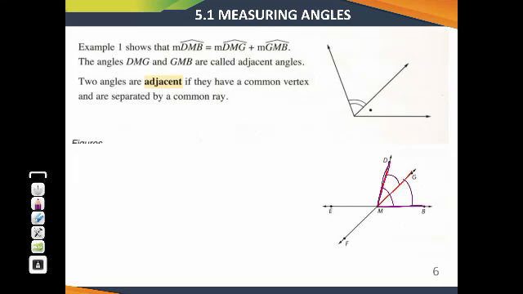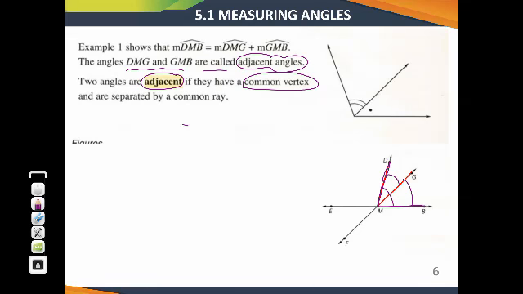So the angles DMG and GMB are called adjacent angles. So what is an adjacent angle? We have a new thing, adjacent angle. Two angles are adjacent if they have a common vertex. If you have two angles and they have the common vertex, they are called adjacent angles and are separated by a common ray.